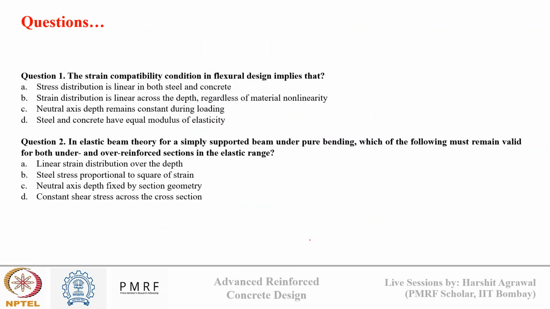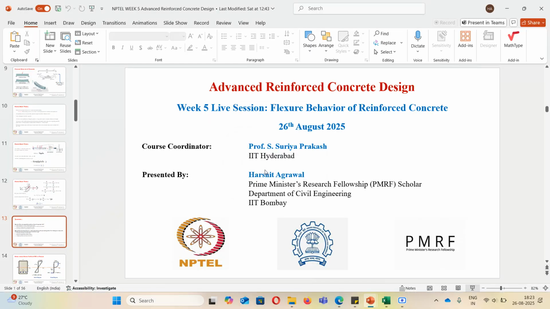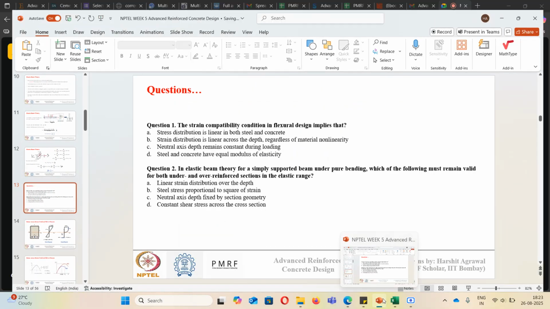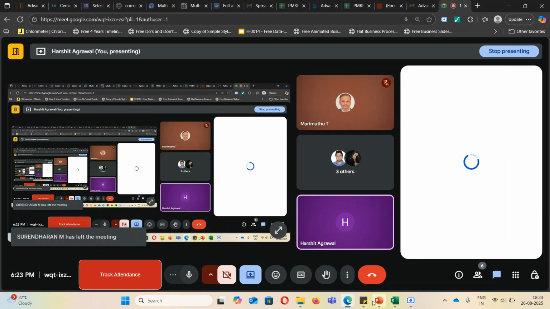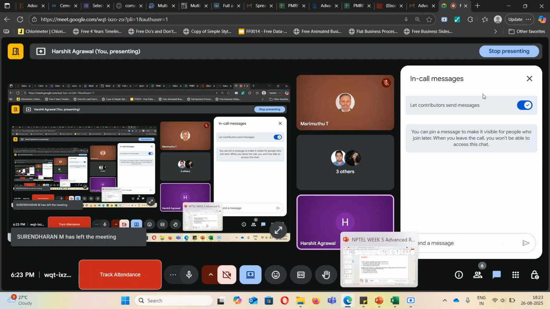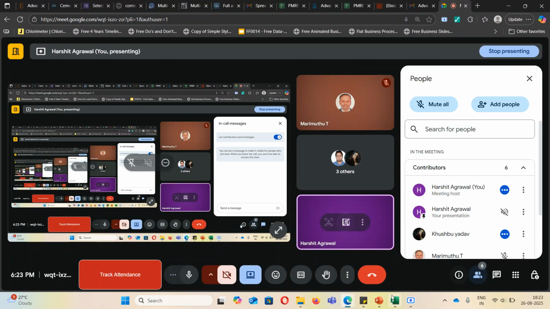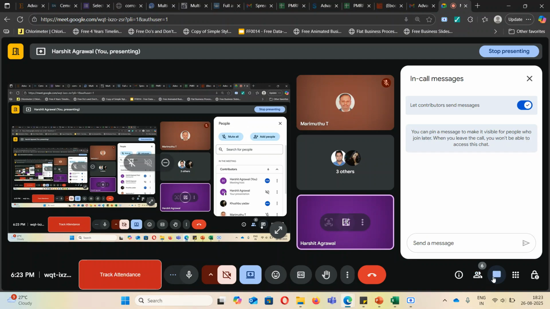Now, based on the strain compatibility and the assumptions that we make in the elastic theory, try to answer these two questions. In the meantime, if you have any doubt regarding that discussion part, you can ask. Any doubts?